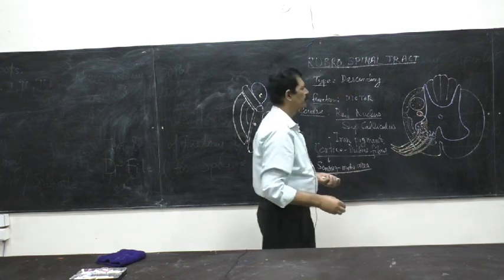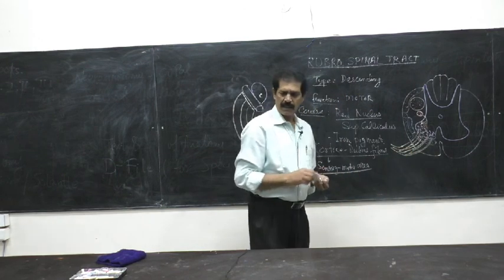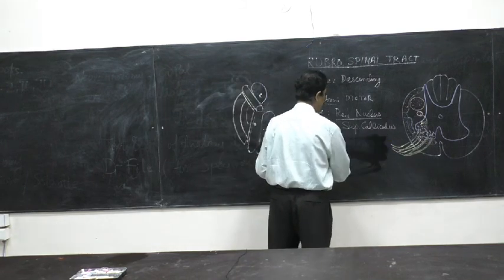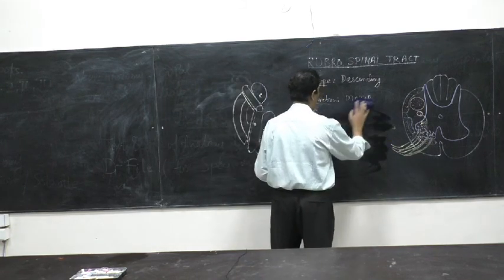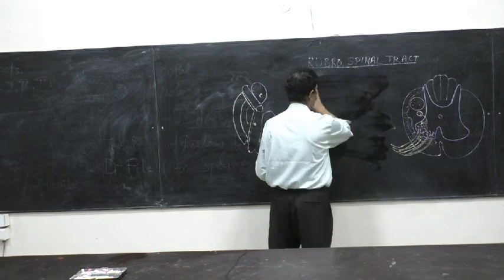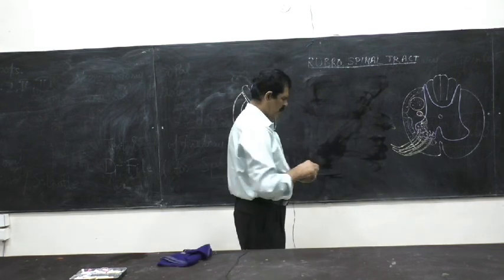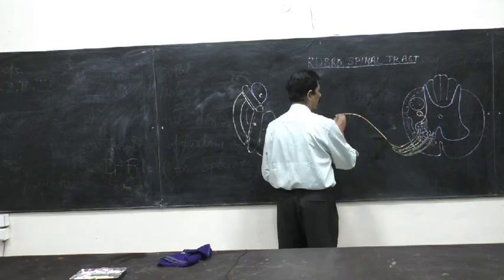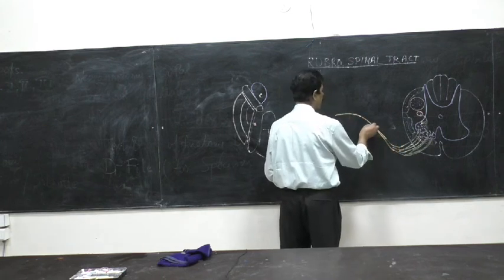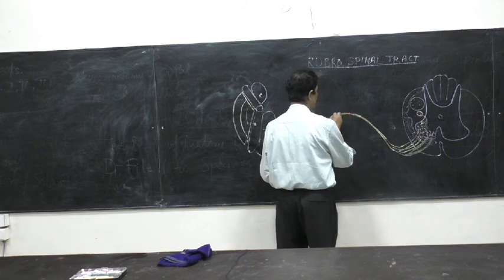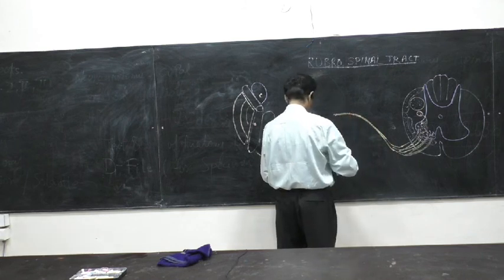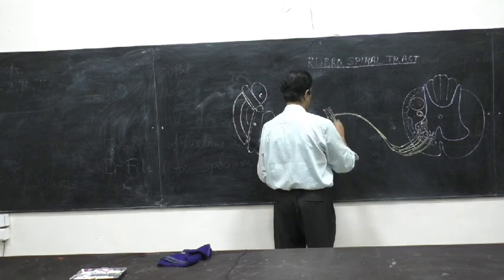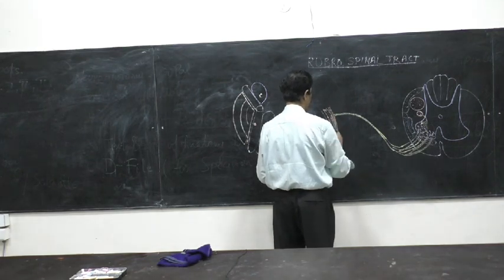When these fibers relay in the motor horn, they influence the motor activity of the 31 spinal nerves, which go to the muscles of the human body, the skeletal muscles of the body.